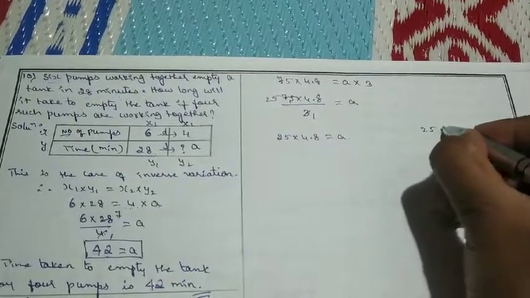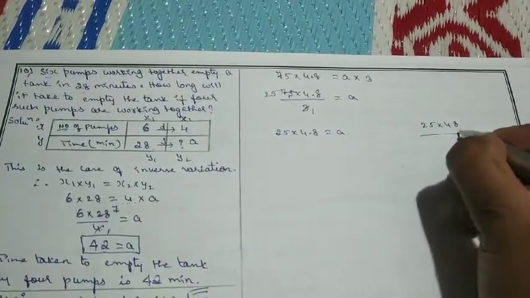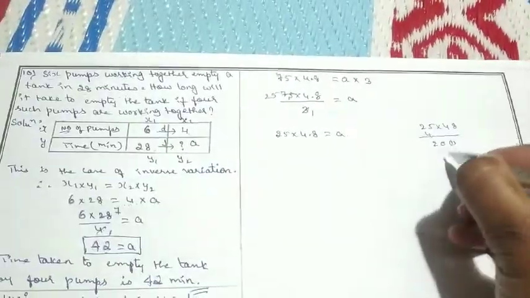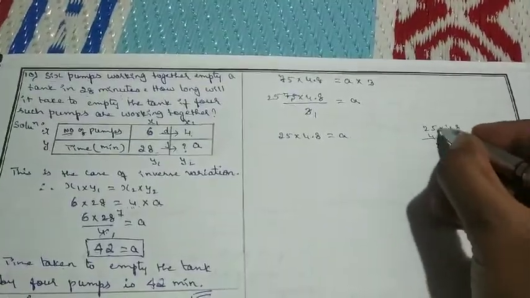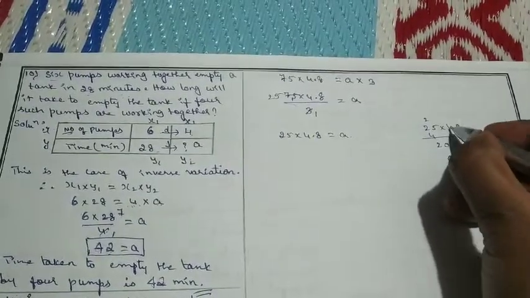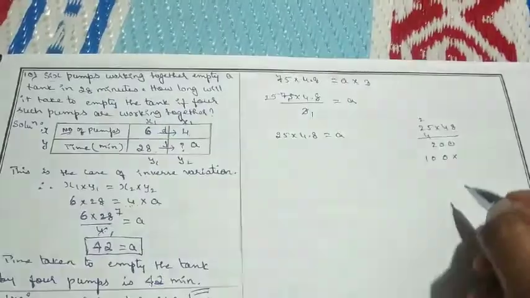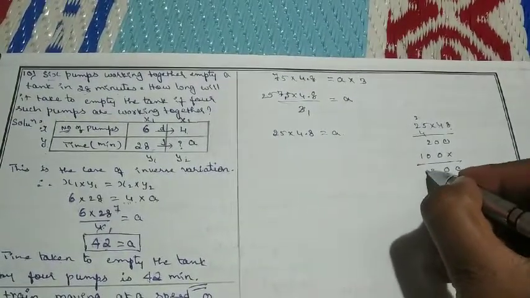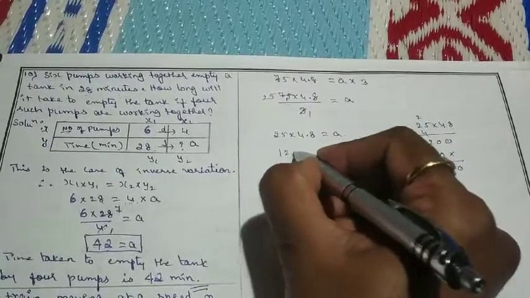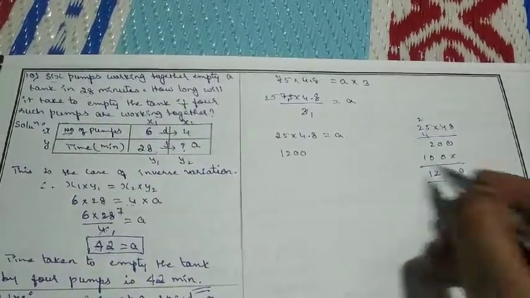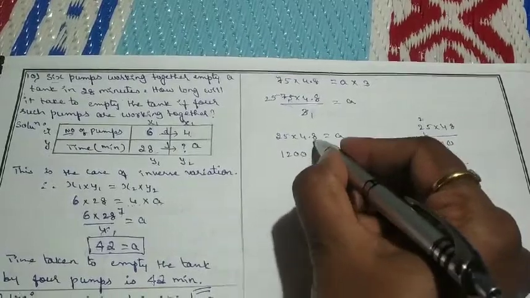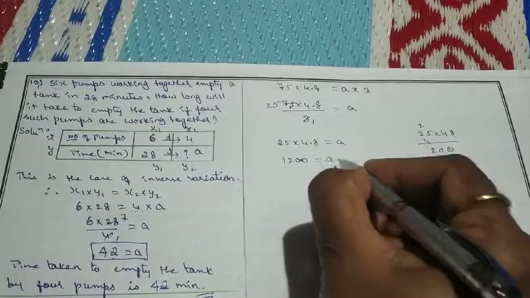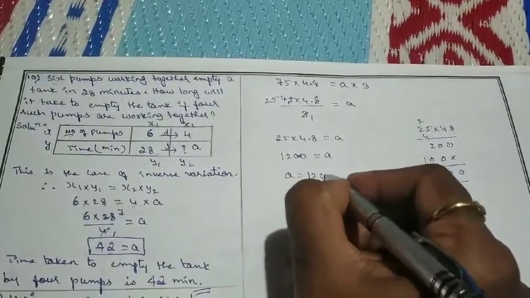So we'll multiply 25 and 48. 8 fives are 40, 8 twos are 16 plus 4 is 20, then 4 fives are 20, then 4 twos are 8, 8 plus 2 is 10. So we get 1200, but after the decimal point we have one digit, so the point will come here, so a equals 120.